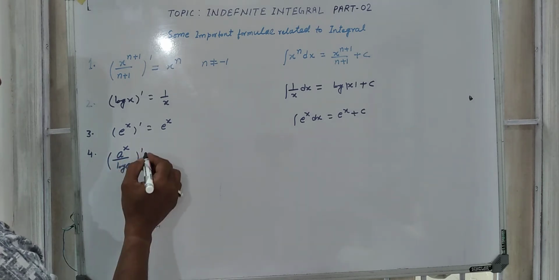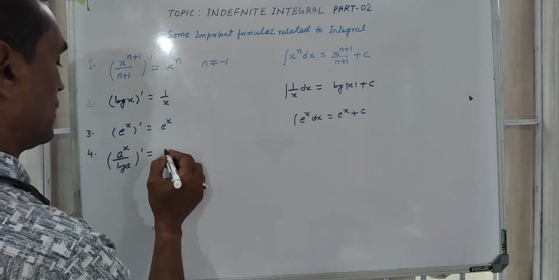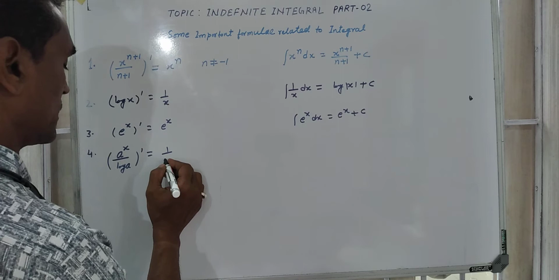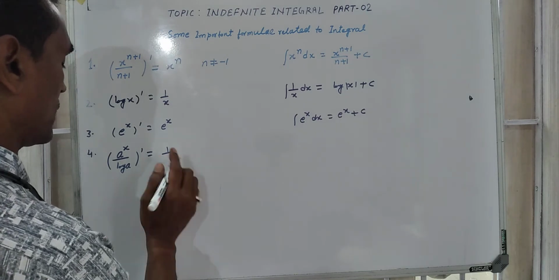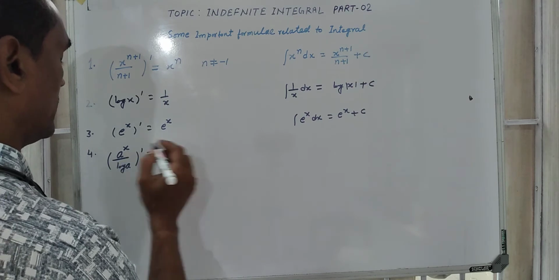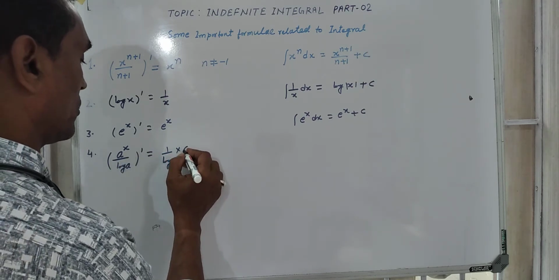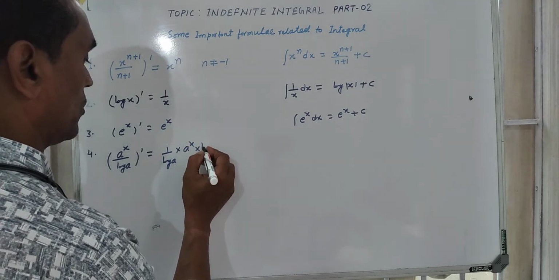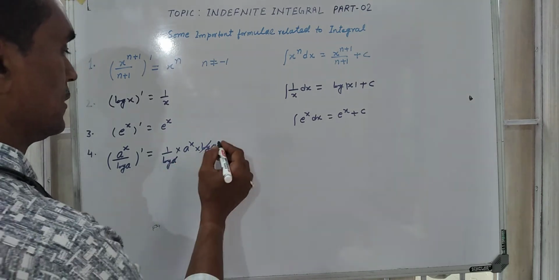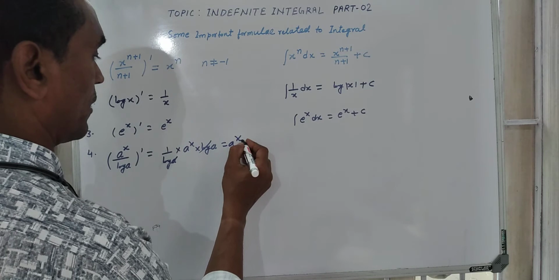So derivative of this, you know, log a is constant, so keep it as it is, 1 by log a, and derivative of a to the power x, you know, is a to the power x into log a. So this will cancel, this is equal to a to the power x.